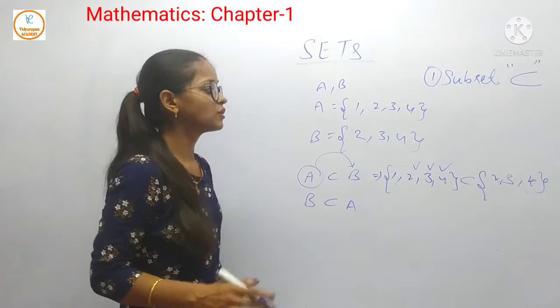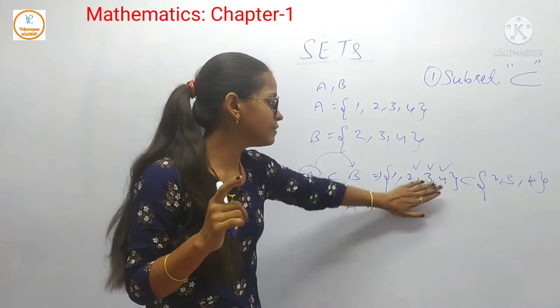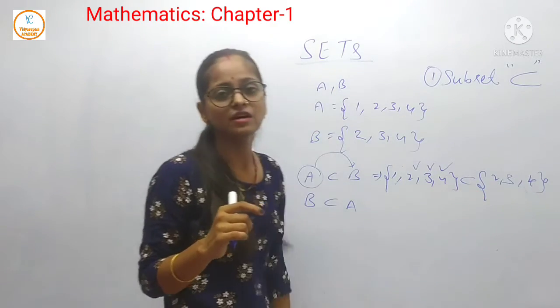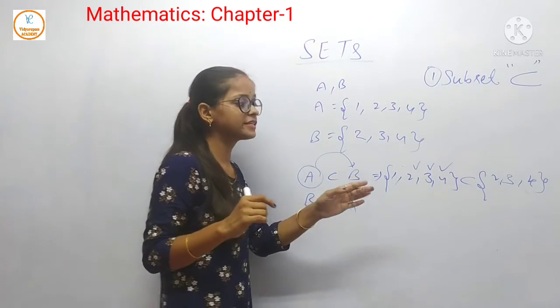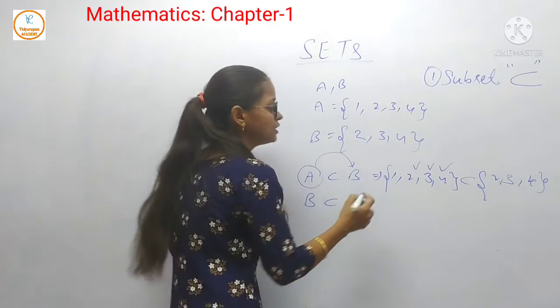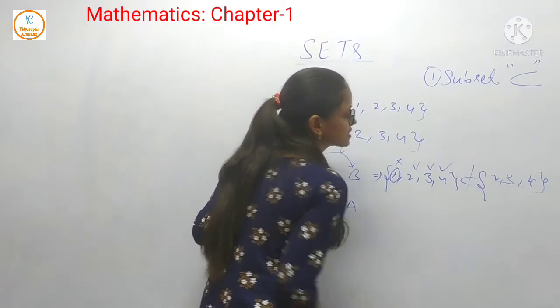The condition for subset is that all elements in this set must be present here, and the other set may even have more values. So 1 is not there, so this is not a subset.